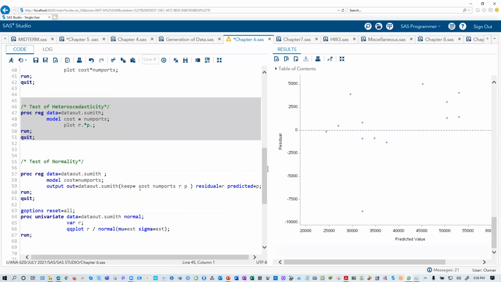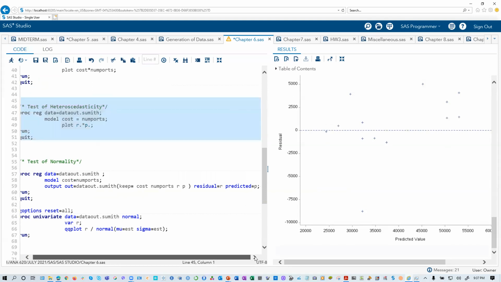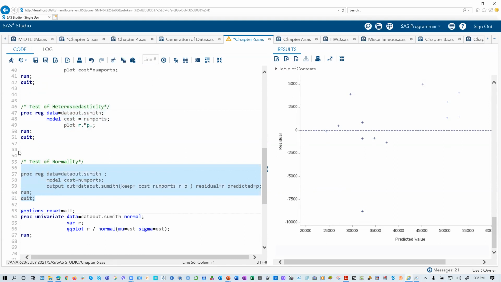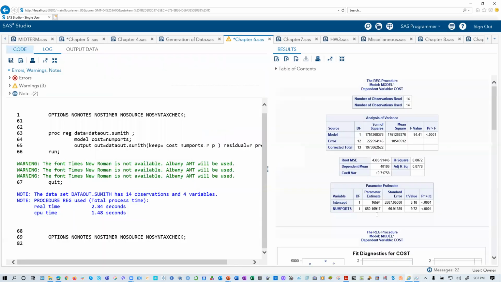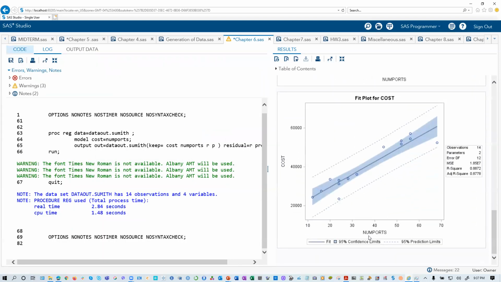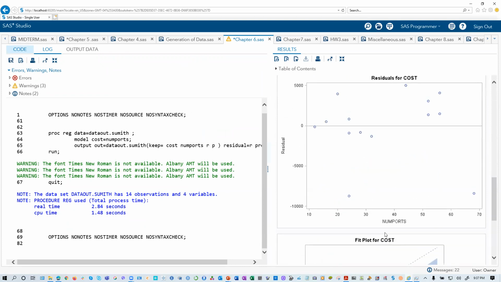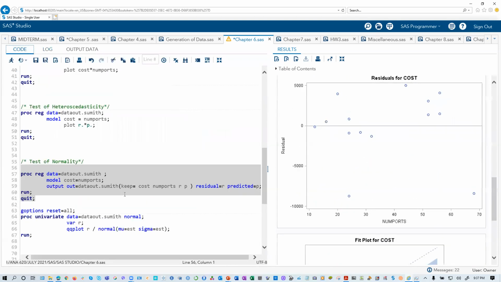The normality you can check with that one. The predicted value and the residual, see, residual for R. Let's say this one, restaurant, number of ports. That's the same thing that we normally get.